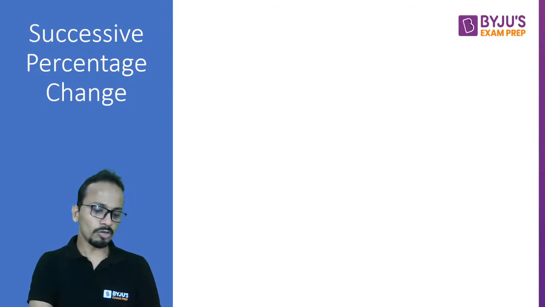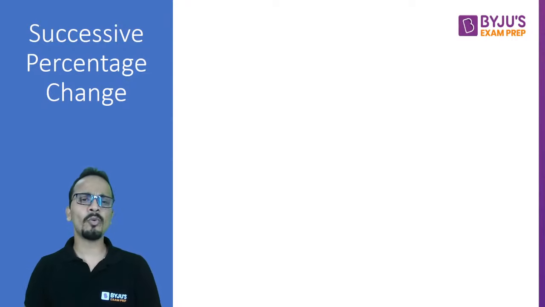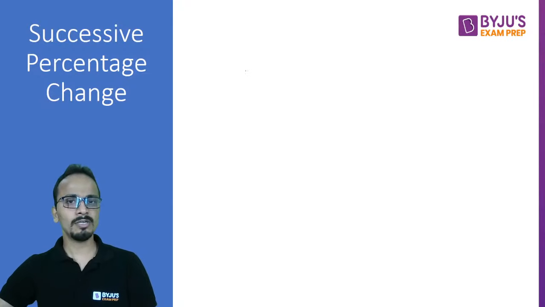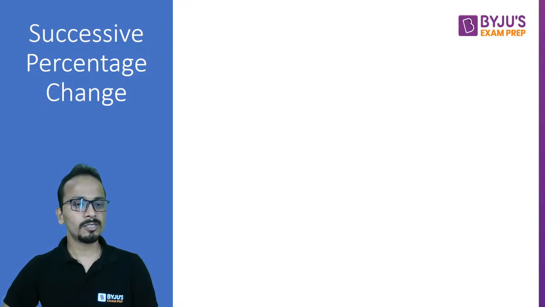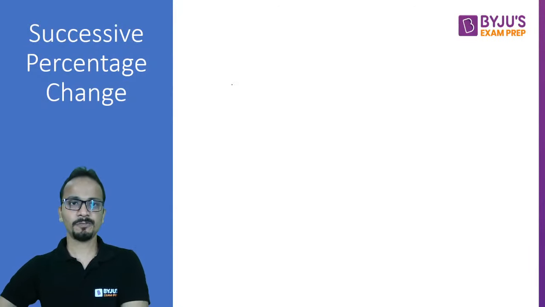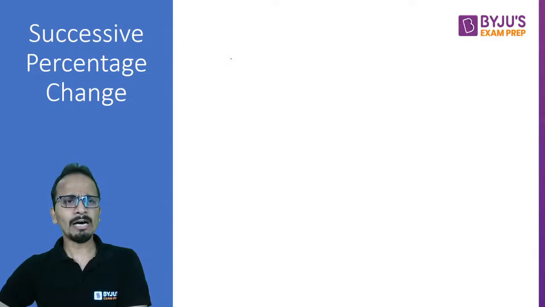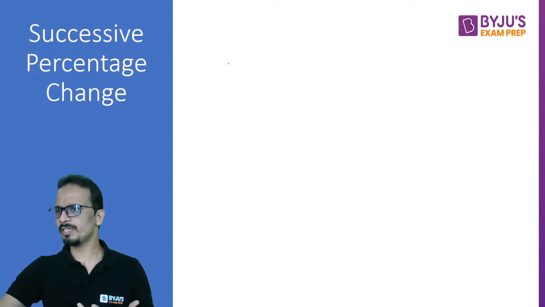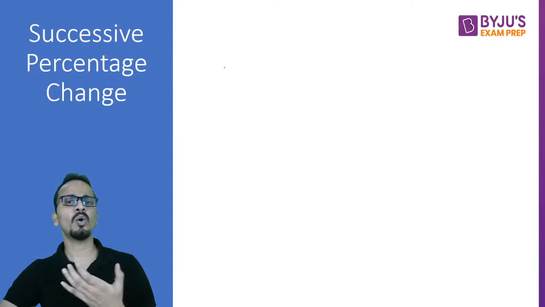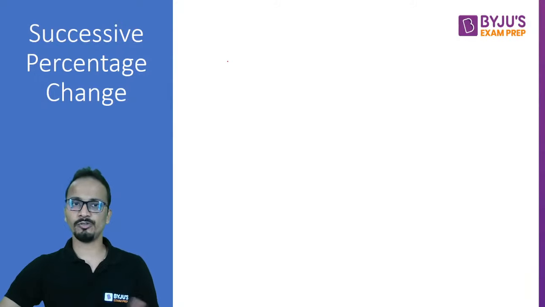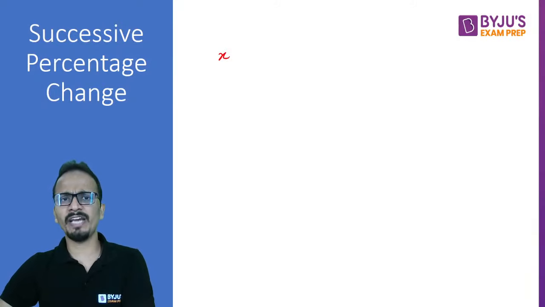Now obviously all of you or most of you must be knowing about this technique. Now let's look at first of all the basics of this technique, successive percentage change. Successive percentage change means whenever percentage change is happening one after the other on the same value. So let's say I have x.